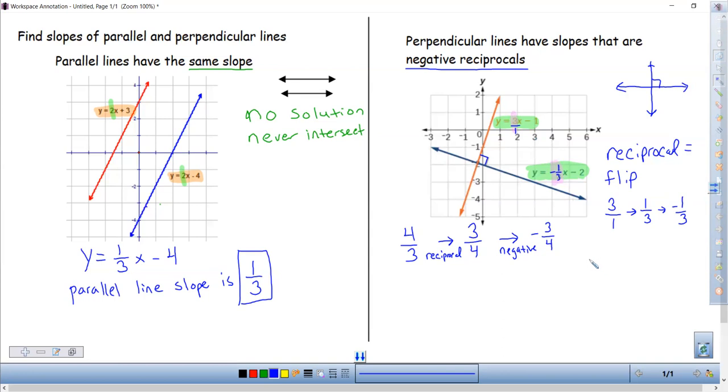Now, in the test or the quiz, you're going to be asked: if I have a line y equals 5/7x plus 3, can you tell me the perpendicular slope?